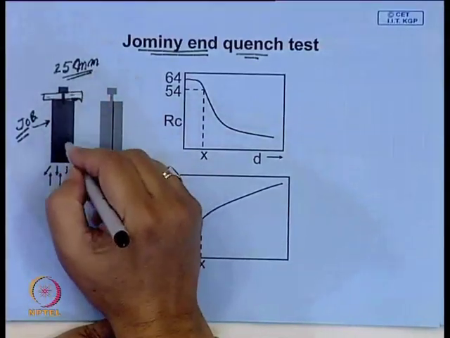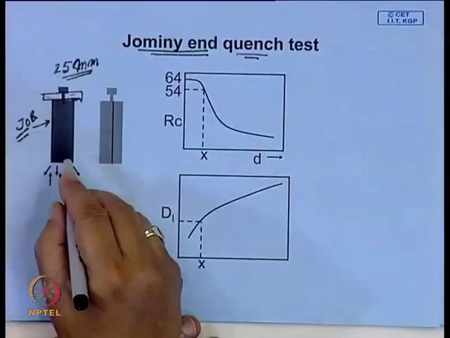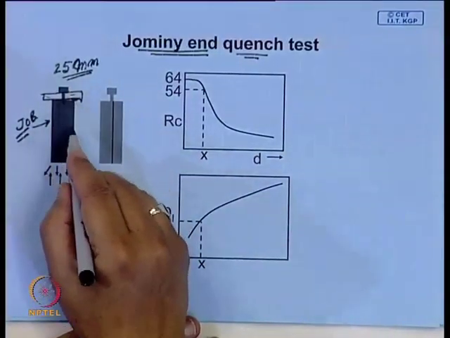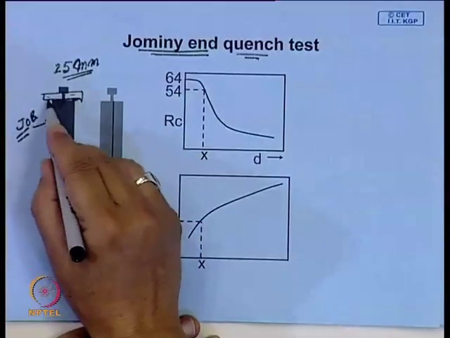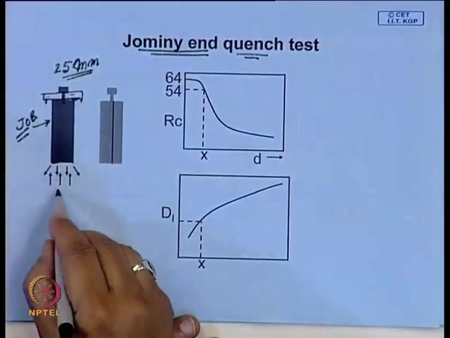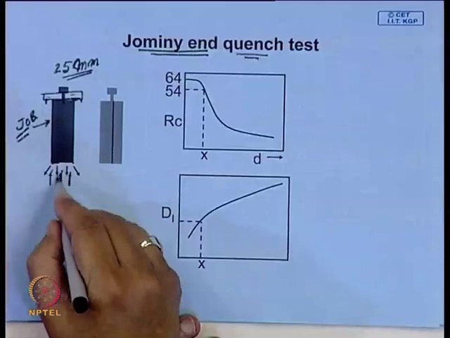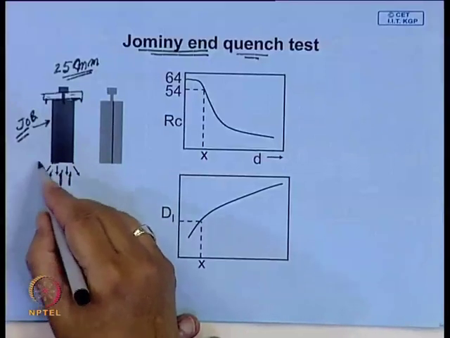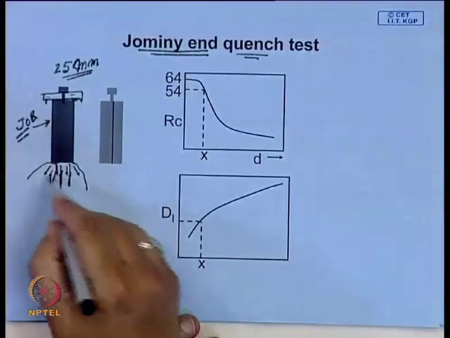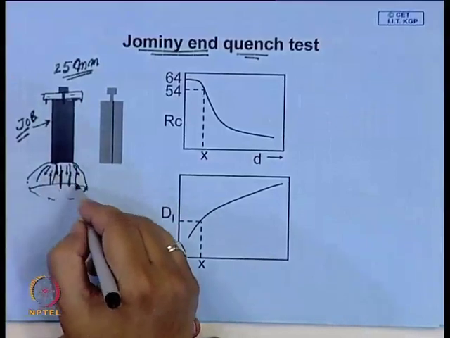Now, what you do, you heat this entire job to the proper austenizing temperature, and after it has been austenitized, you take it out, put it on a rig in this support, and then try to cool this edge by spraying water. Cold water you keep spraying. So, when you spray, the water goes in this direction and comes out in the form of an umbrella kind of thing.